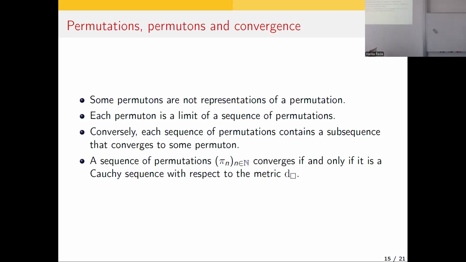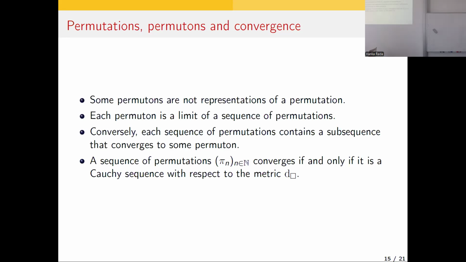So now there are the results about the convergence of the permutations. Not every permuton is a representation of a permutation, but at the same time, each permuton is a limit of a sequence of permutations.